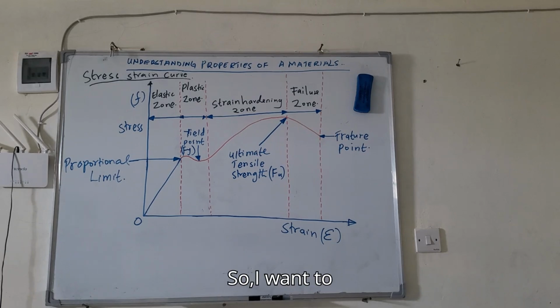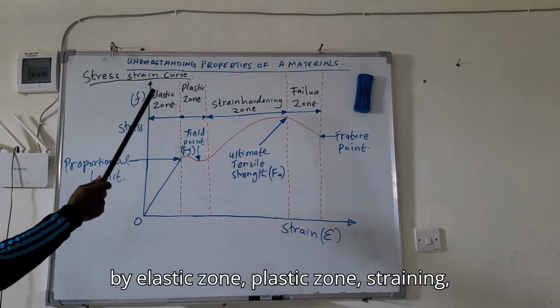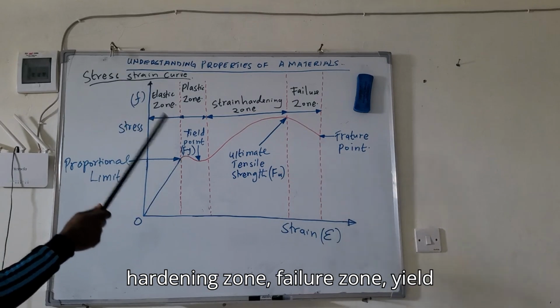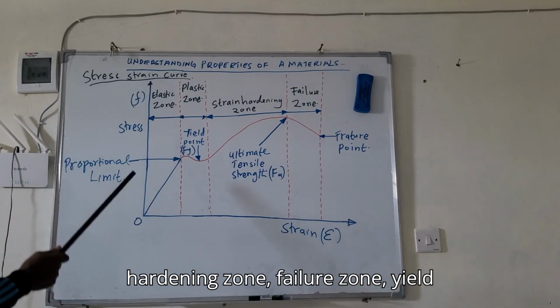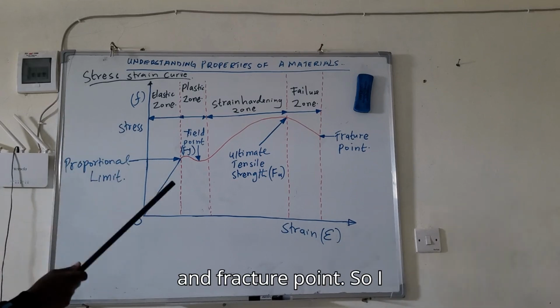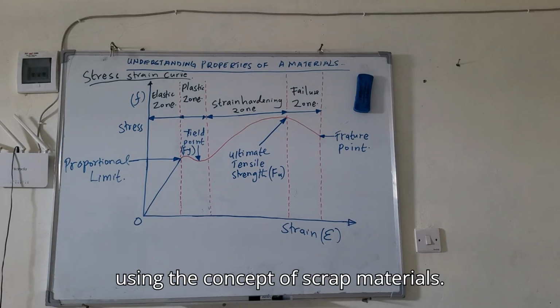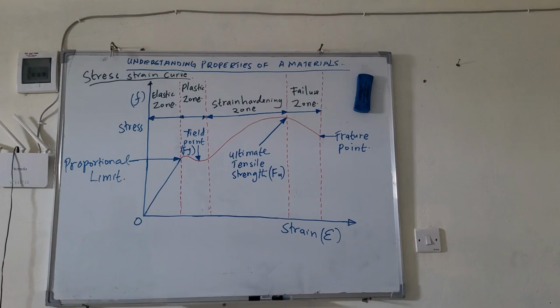So I want to explain what is meant by elastic zone, plastic zone, strain hardening zone, failure zone, yield point, ultimate tensile strength, and fracture point. So I will explain this curve using the concept of scrap materials.